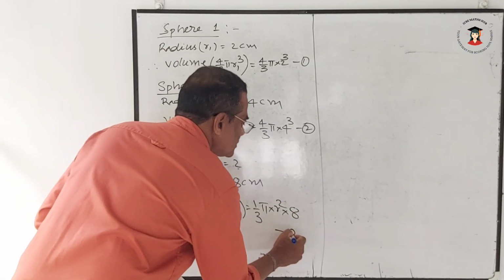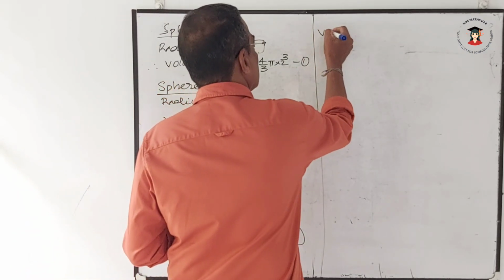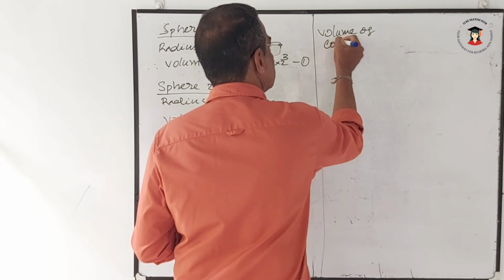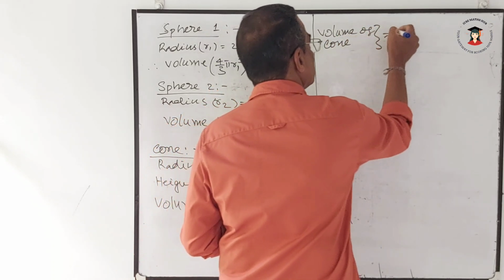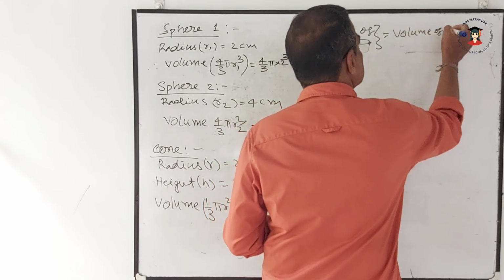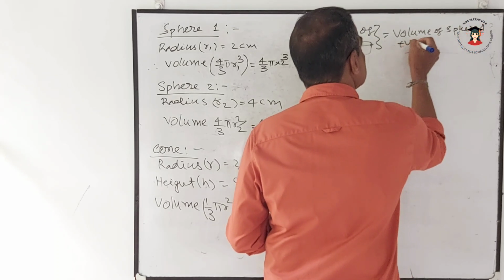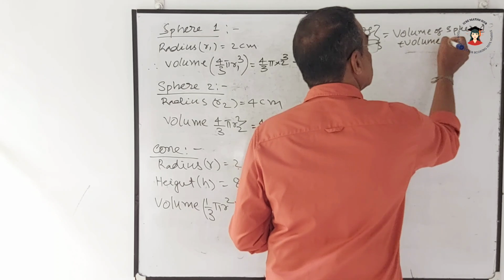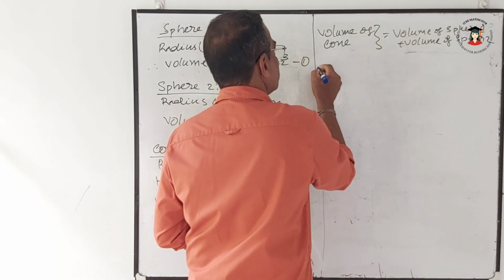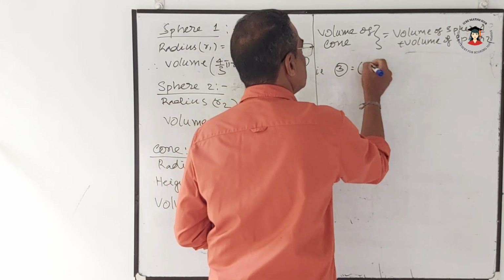This is equation 3. Volume of cone is equal to the sum of the volumes of the two spheres, volume of sphere 1 plus volume of sphere 2, that is 3 equal to 1 plus 2.